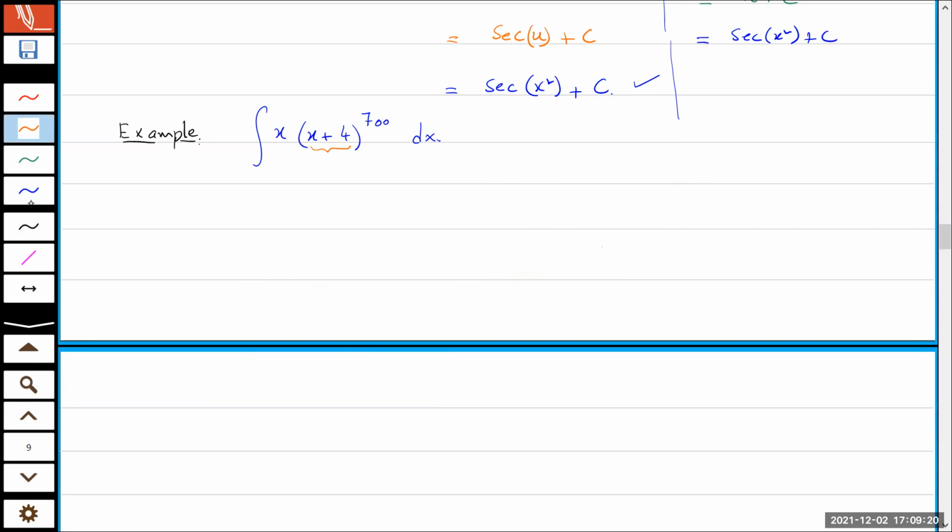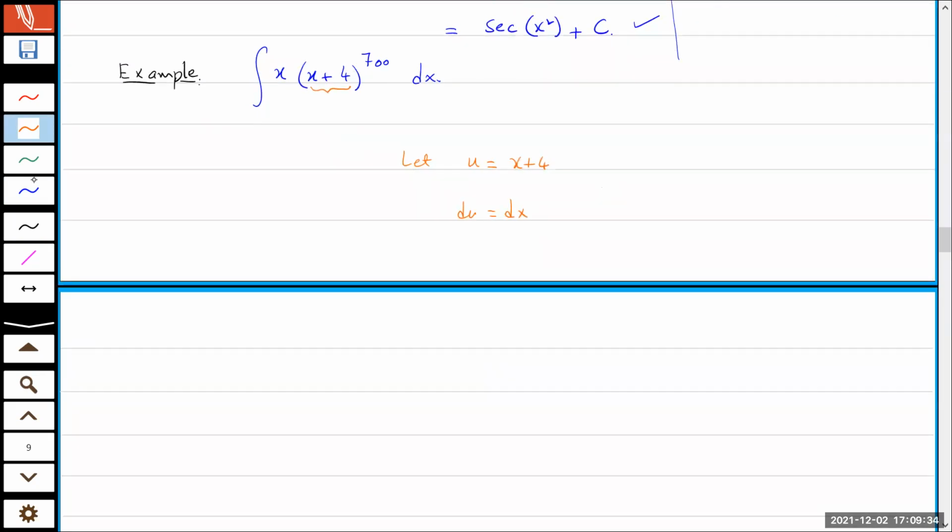We made the substitution. Let u equals x plus 4. This gave us du equals dx. And our integral then became x times x plus 4 to the 700 dx, which equals x times u to the 700 du.